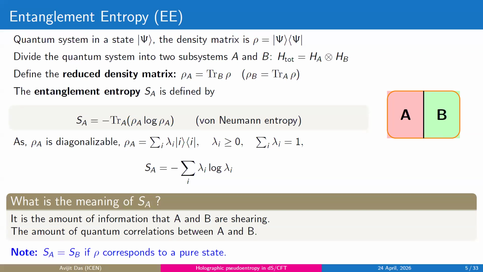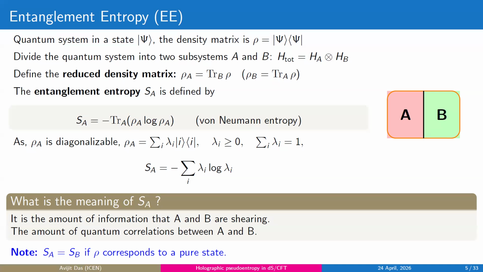Then I divide this whole system into two subsystems, A and B, so the Hilbert space is divided as H_A times H_B. And then you can introduce a notion called the reduced density matrix for a particular subregion, let's say for A or B. To do that, you have to sum over all the degrees of freedom on the other half. So if you want to calculate the density matrix for A, you have to sum over B, so I have taken the trace over B. Or for B, you have to take the trace over A.